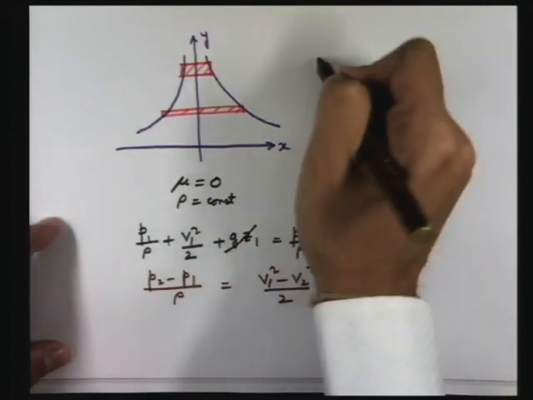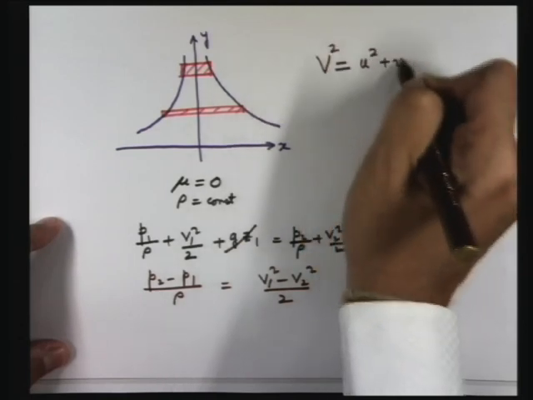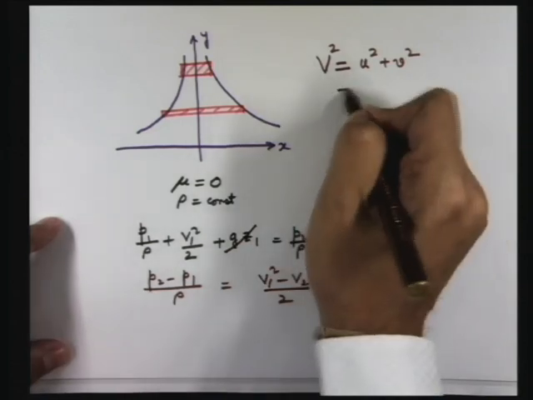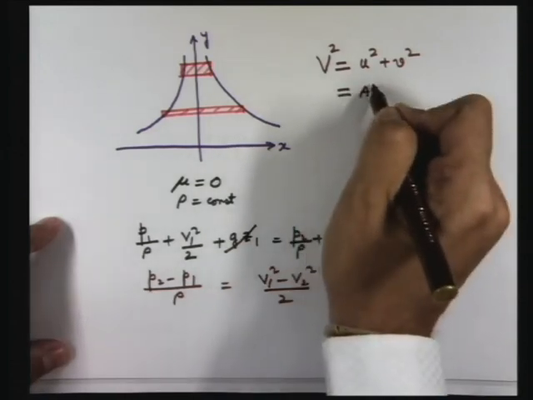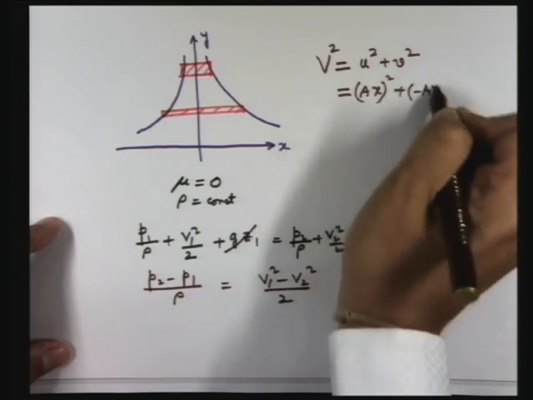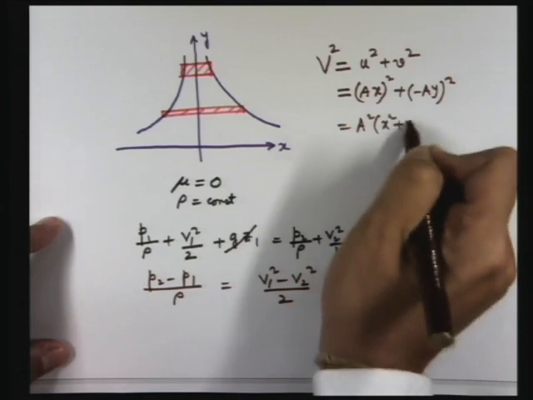What is V? V square is u square plus small v square. That is the resultant velocity. So a x square plus minus a y square, so a square into (x square plus y square).